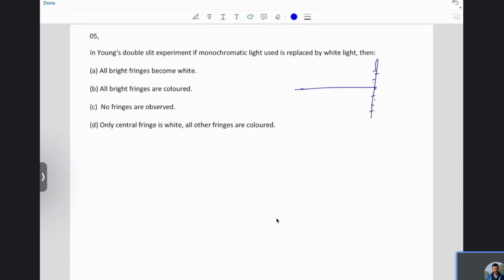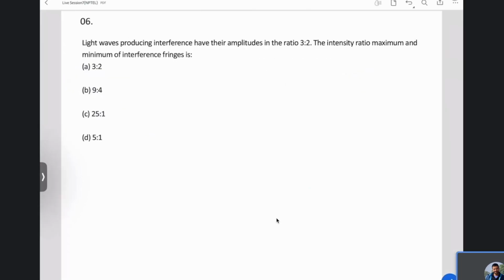The options are: all fringes become white, all fringes are colored, no fringes observed, and only center fringe is white and other fringes are colored. So this is the correct option.